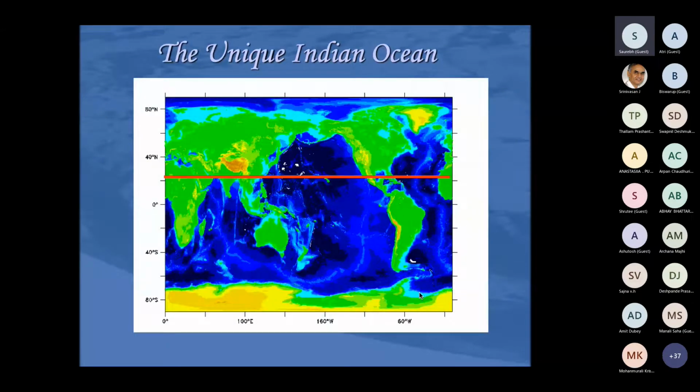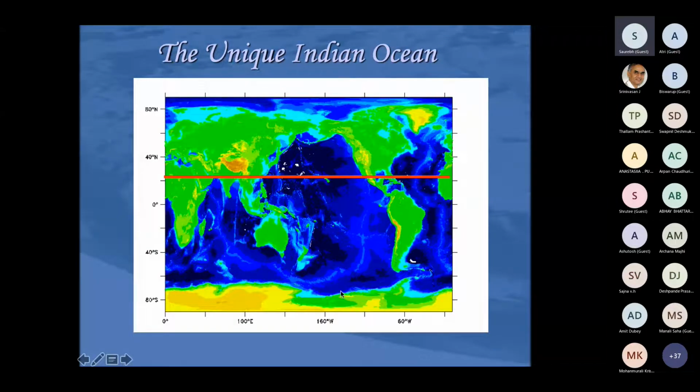Now, our applications are for the Indian Ocean, so a bit of an introduction about the Indian Ocean is in place. The larger oceans, the Pacific and Atlantic, have been very well studied by Europeans, Americans, and so on. Compared to that, the Indian Ocean is small, and it has another speciality: its northern boundary is closed.